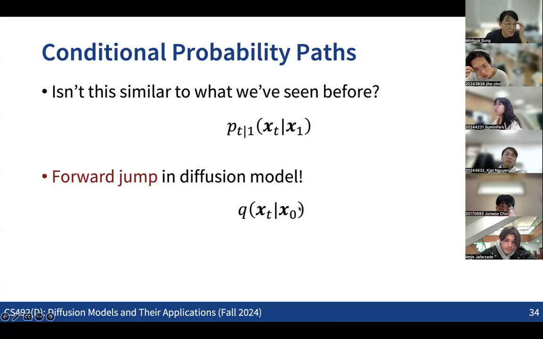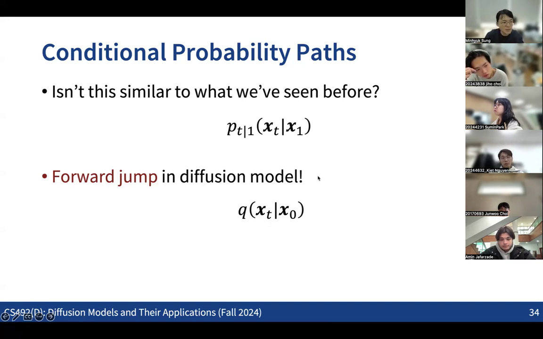In the notation of the diffusion models, x0 was the data point, and this was the probability of xt given the data point x0. So these two are identical. We are now seeing the forward jump distribution of diffusion models in the context of the flow-based model. Make sense?